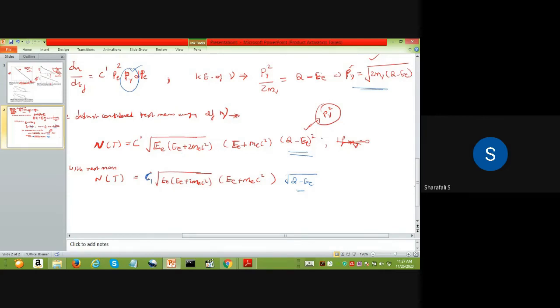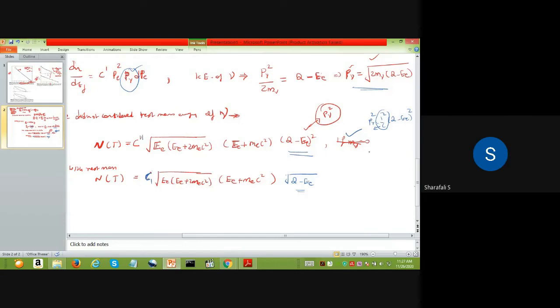Because when I did this derivation, I got the p nu value as 1 by c times q minus E, and I took the square of this to substitute in that equation, and I got 1 by c square here, and I added this with this constant, and I wrote that as C double dash.